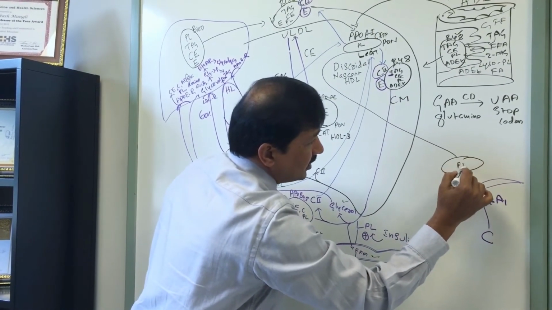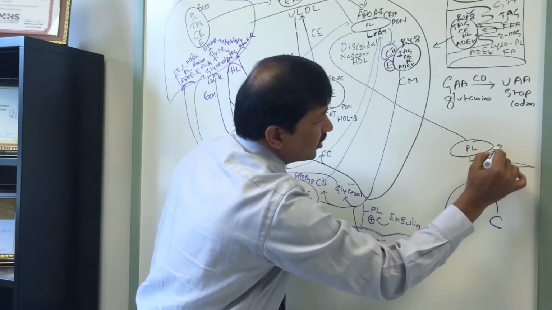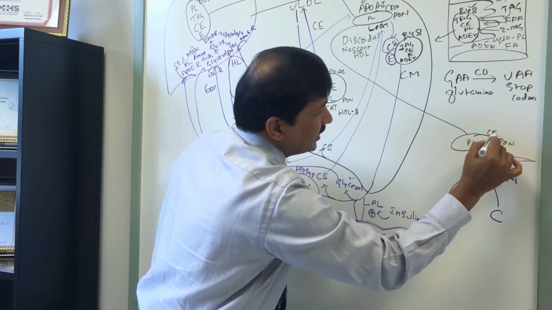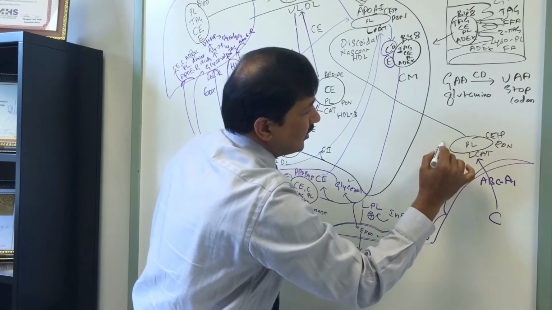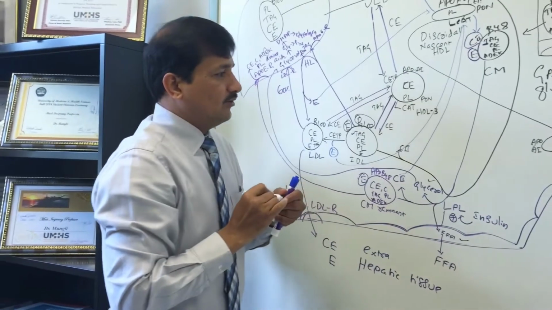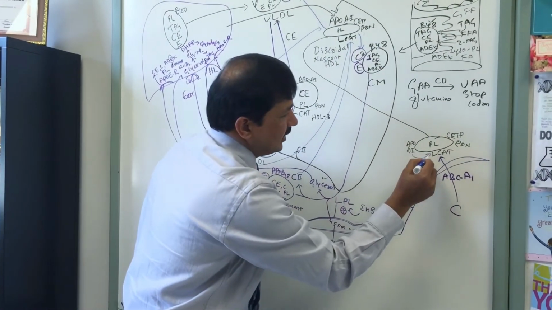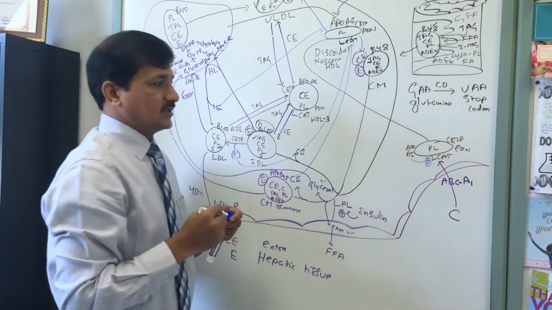So it has phospholipid, it has LCAT here, peroxidase, CETP, and ApoA1. Now ApoA1 is a positive modulator of LCAT. ApoA1 basically activates the LCAT enzyme.